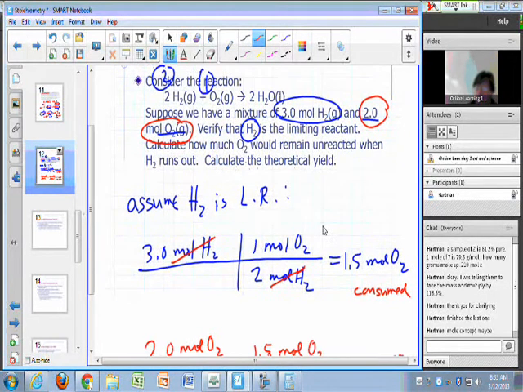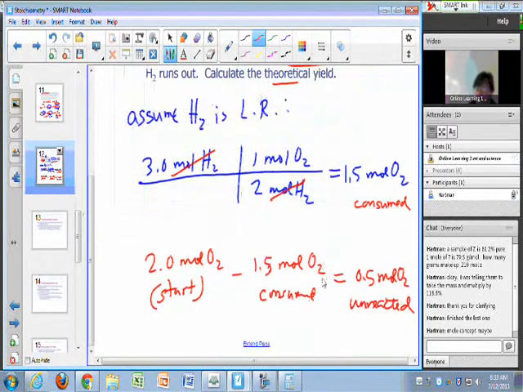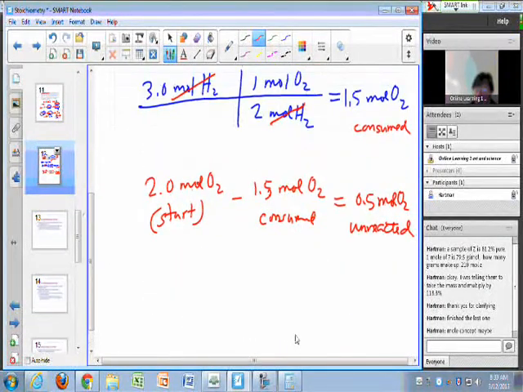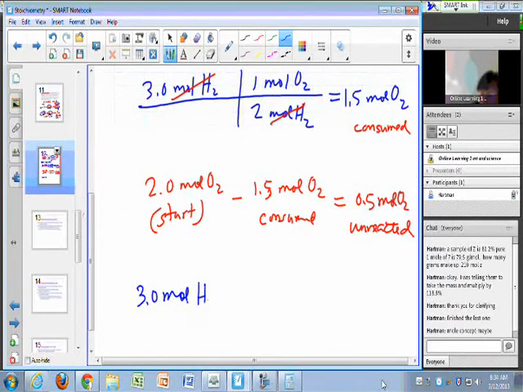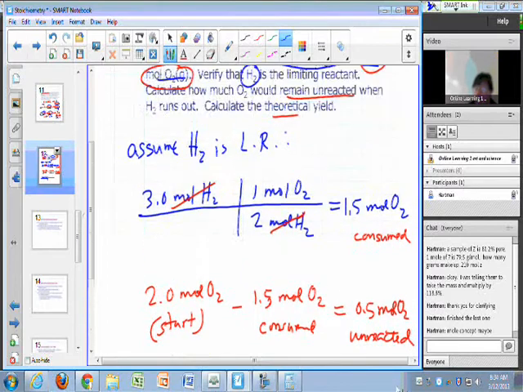Okay, so we figured out how much O2 will remain unreacted by the time H2 runs out. What's our theoretical yield? Well, our theoretical yield is the amount of product you get if all of the H2 were used up. So if we assume 3 moles of H2 were used up, you can predict how much water you can make.